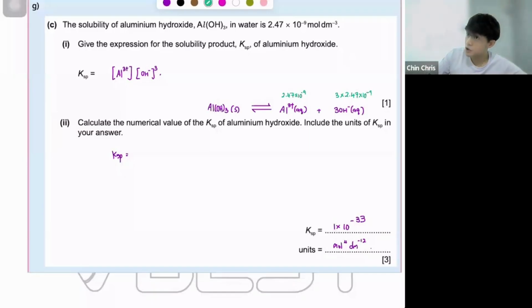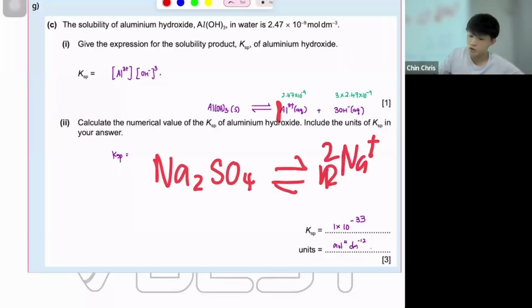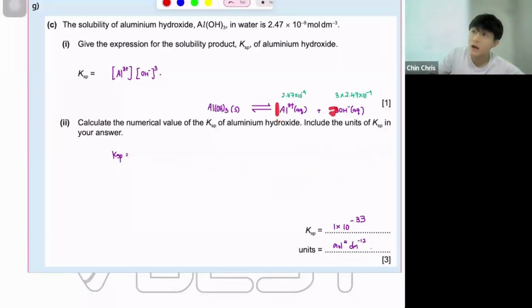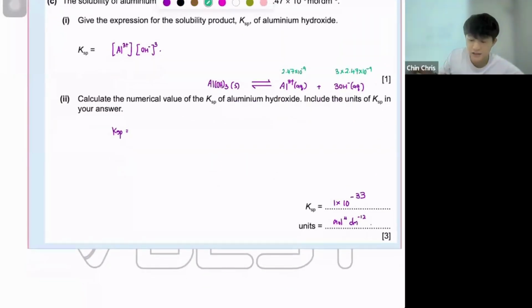Get it? Alright, guys, whatever you have been dealing with so far, it's always the cation in the ratio of 1. So if you have a question that looks something like that, the first one is going to be 2 times because we have 2 Na+ here. So always look at the ratio, please. Don't get tricked, because Ksp is not hard, but tricky.